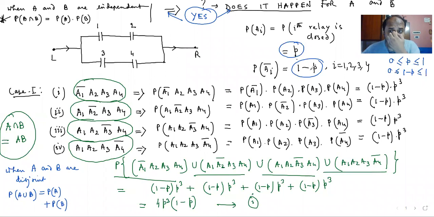They could have given me p to be half or 2/3 or whatever, but they are not interested in values because this is a very general problem. Remember, probabilities are not actually calculated. As I told in the previous class, the probabilities are imposed on the system, considering the system to be unbiased, but they are not considering the given system to be unbiased.